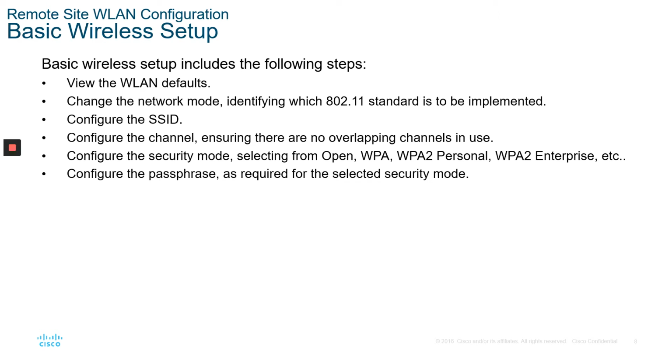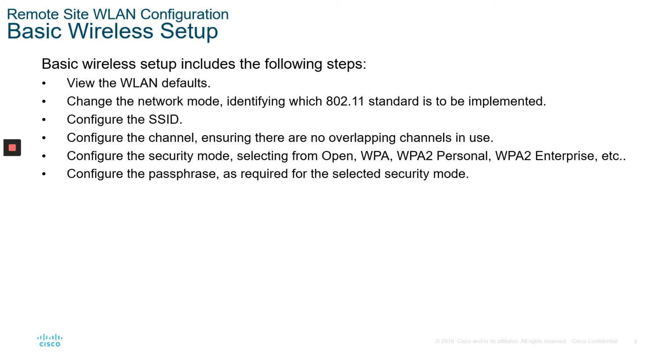The fourth thing is to configure the channel. The channels are 2.4 and 5.1. There is a list of channels available, and you can choose the one you like, ensuring there is no overlap in the channels in use. After that, configure the security mode. In the security, there are a number of options you can choose from.